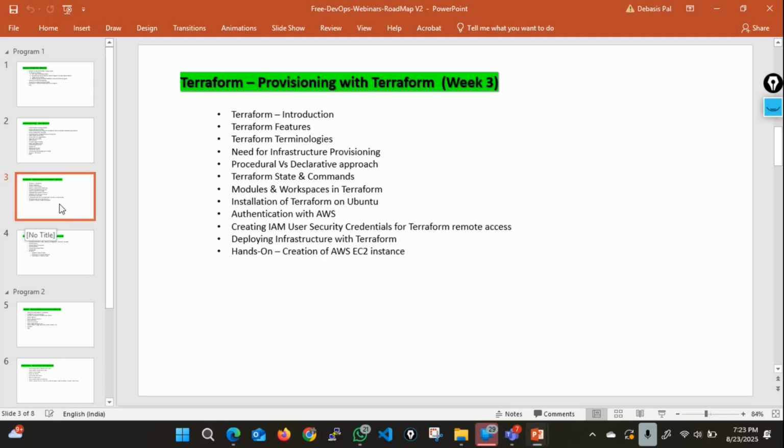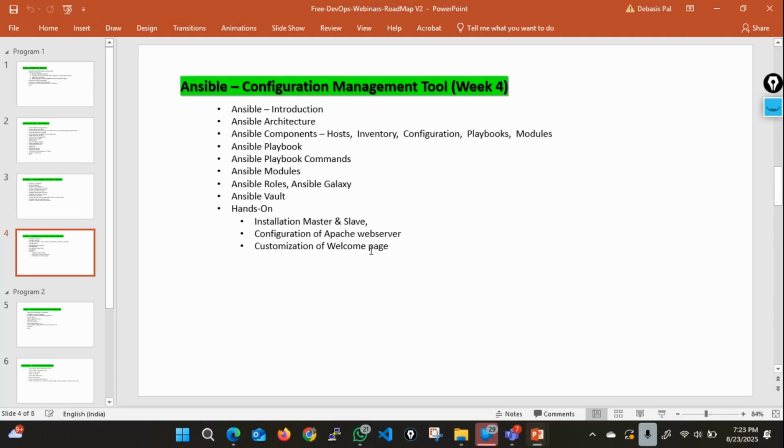Terraform provisions the infrastructure, and once you have implemented it, the next stage is configuration. You have to configure the environment, and the best tool for doing it is Ansible. That we are going to learn in the fourth week.